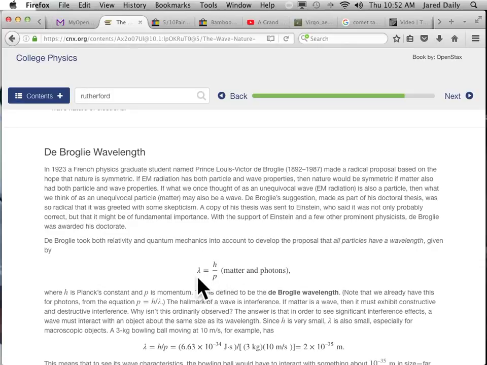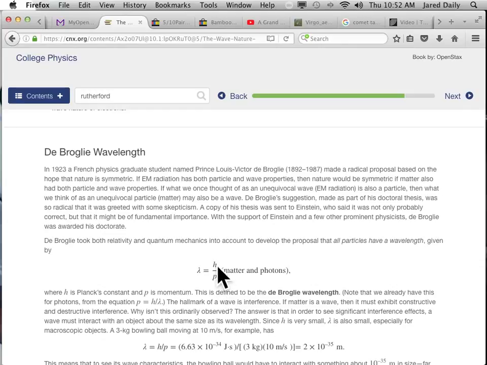Remember, the momentum was equal to h over the wavelength. Well, if you rearrange it, you get wavelength equals h over momentum. And if you use the momentum for things with matter in this equation, you get one wavelength. And if you use the momentum for things without matter, like light, you get another wavelength, but you still get a wavelength. And so maybe this is how you calculate the wavelength of matter: you take Planck's constant and divide by the momentum that matter has.